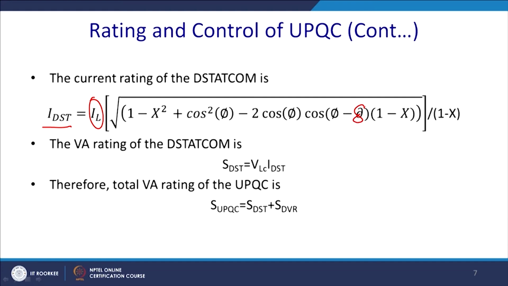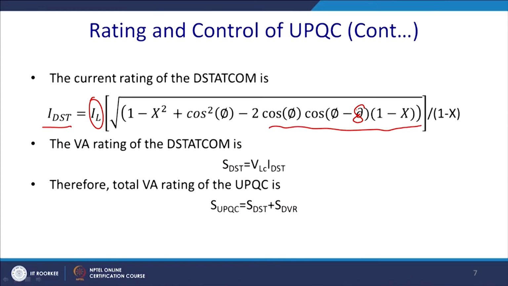Actually this is the equation that has to be governed. So, this term depends on the amount of compensation you are doing, x, and of course the difference between phi and delta.